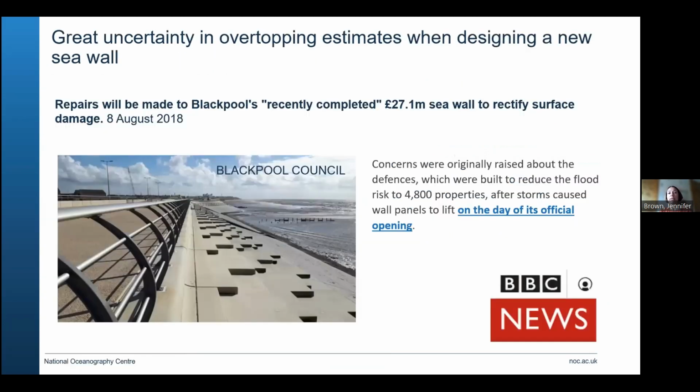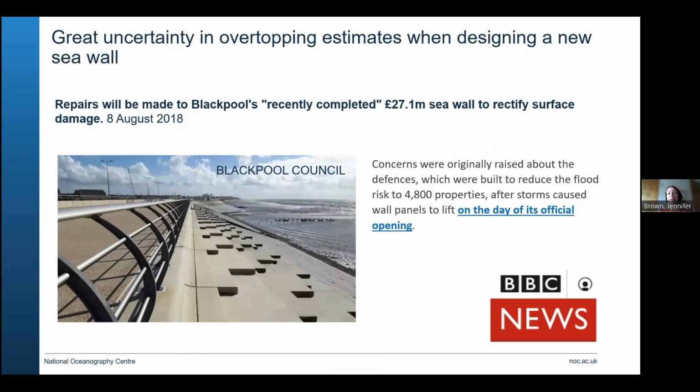So there's a lot of uncertainty when we try and predict the waves that go over the top of sea walls, and this impacts the design of new sea walls. Sadly, when new sea walls are built, they cost a lot of money, but they can also receive a lot of media attention when things don't go quite to plan.